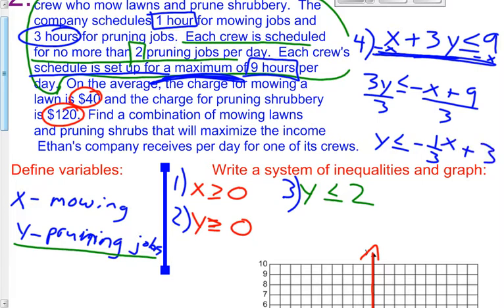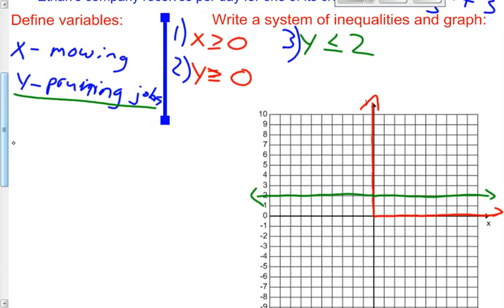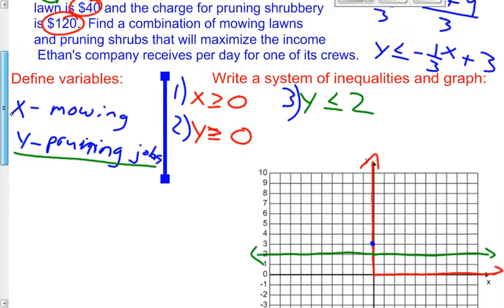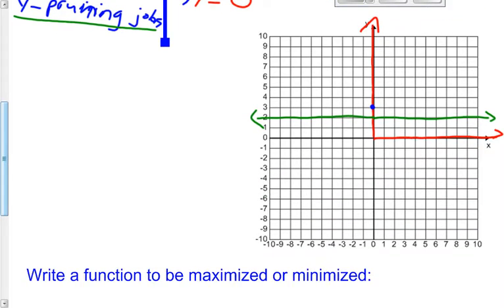So it has a y-intercept of 3. 1, 2, 3. And then my slope is negative 1/3. So down 1, right 1, 2, 3. Down 1, right 1, 2, 3. Down 1, right 1, 2, 3.